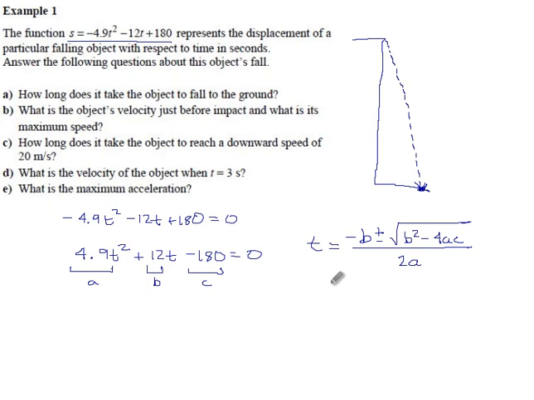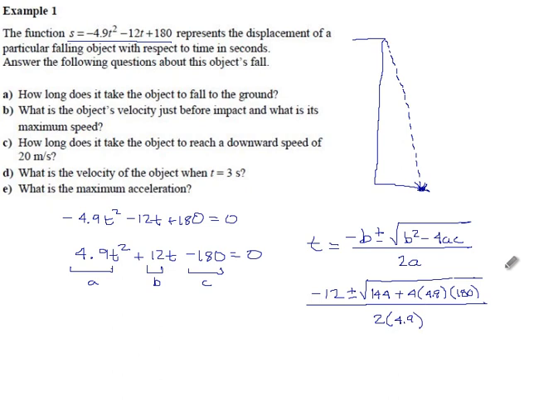And if we put those numbers in, let's see what we get. Minus 12 plus or minus root 12 squared minus 4 times a, which is 4.9, times c, which is minus 180. I'm just going to put 180 and flip this sign because double negatives are not nice. And then we have 2 times a, which is 2 times 4.9.